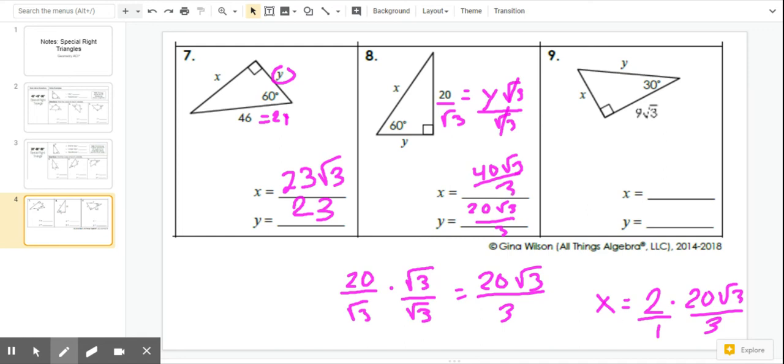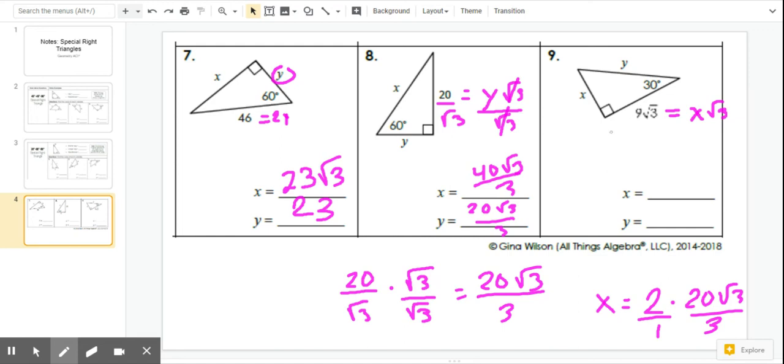And then for the last one, Y is our hypotenuse, X is our shorter leg, and 9 square root of 3 is our longer leg. If that's our longer leg, let's find our shorter leg now, because we know that the longer leg is equal to the shorter leg times the square root of 3. This actually works out pretty nicely for us because this already has a square root of 3 in it.